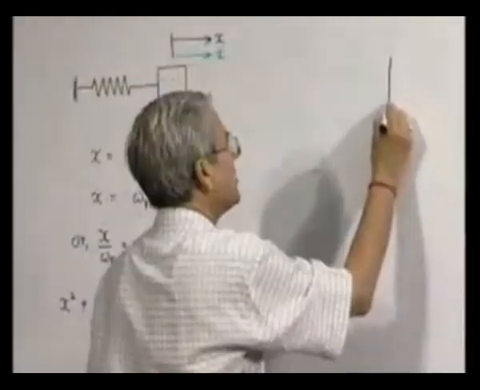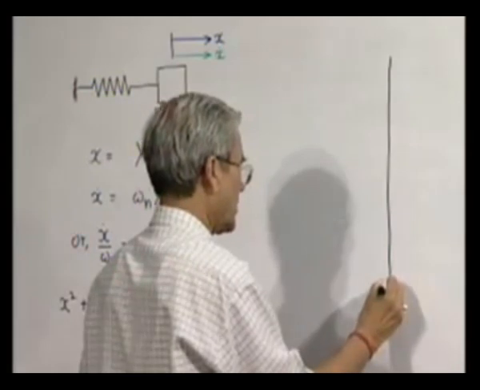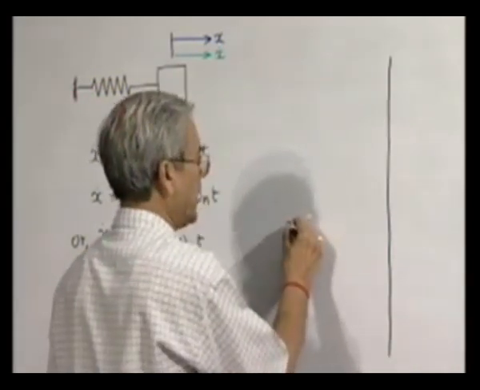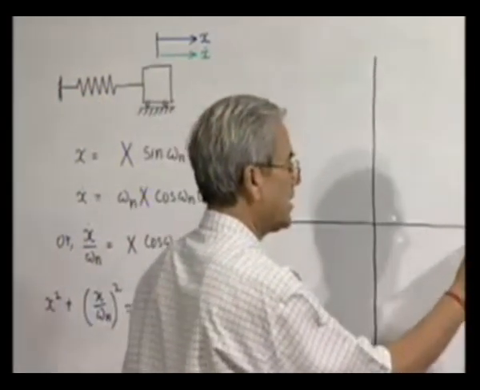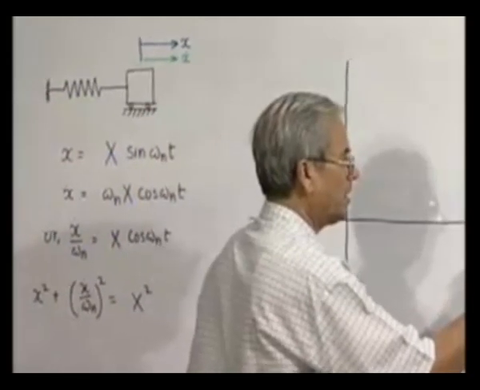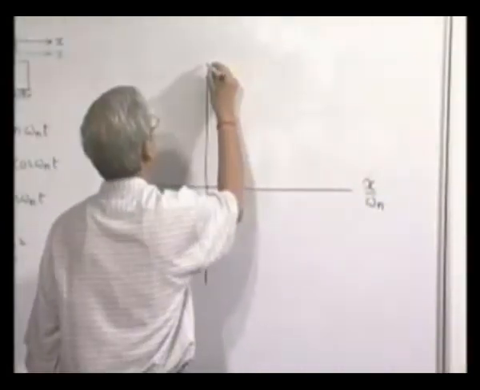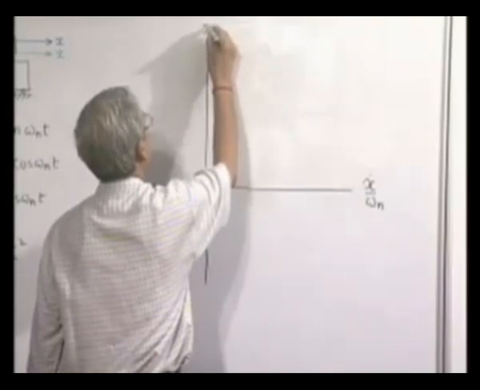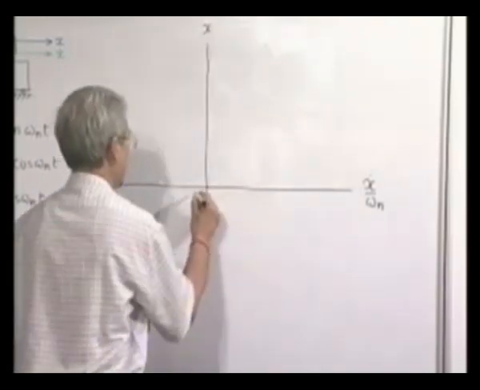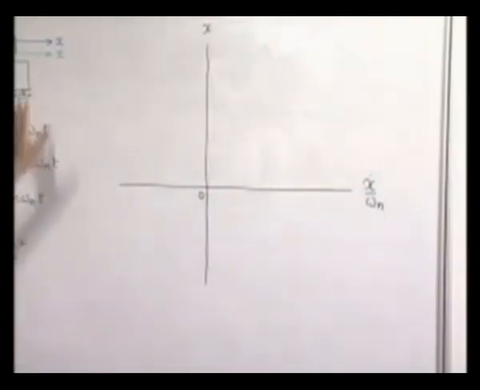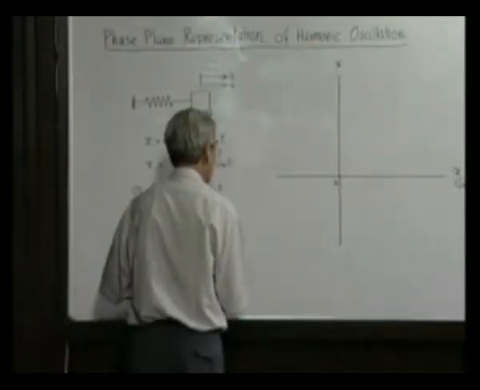So, therefore, this plane which we are constructing is not the physical plane, because one axis represents the velocity and the other axis of course represents displacement. So this plane is not a physical plane, this plane is called the phase plane.